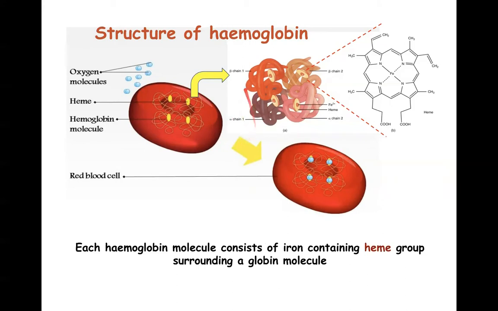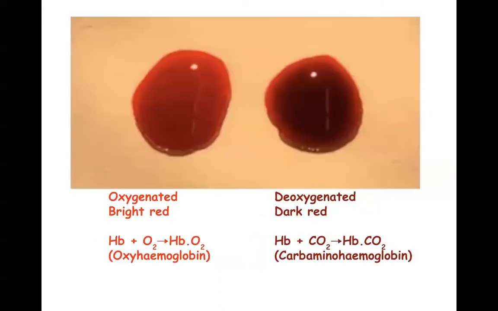These chains collectively form the globin structure. So the heme part gives the name hemo, and the globin molecule gives the remainder, hemoglobin. It is this structure which is best suited for transportation of oxygen and carbon dioxide.